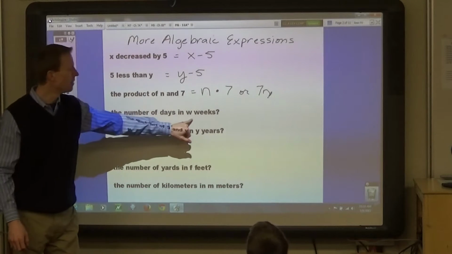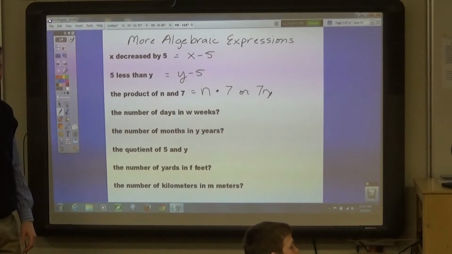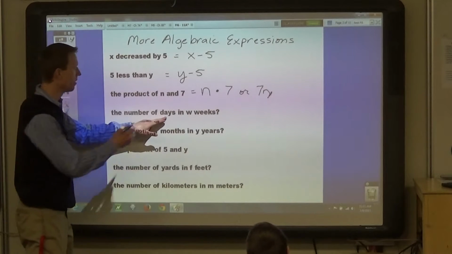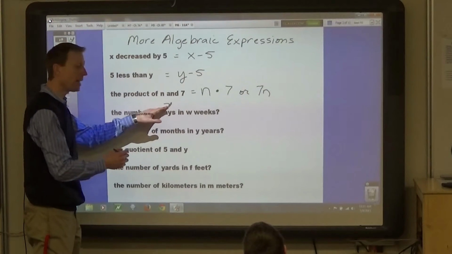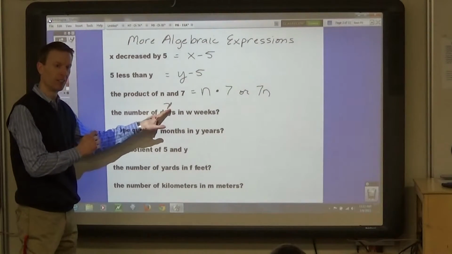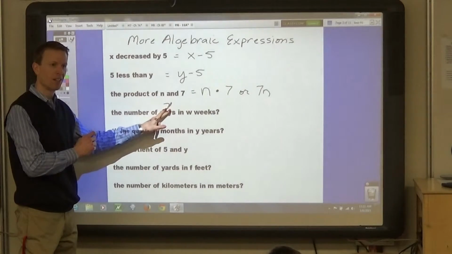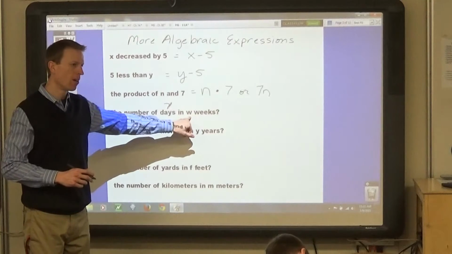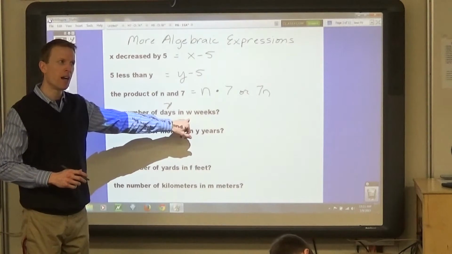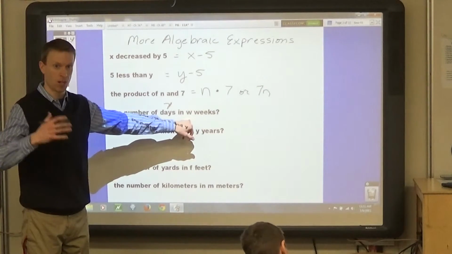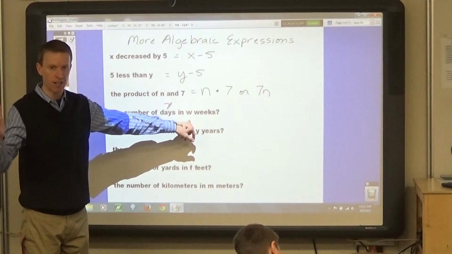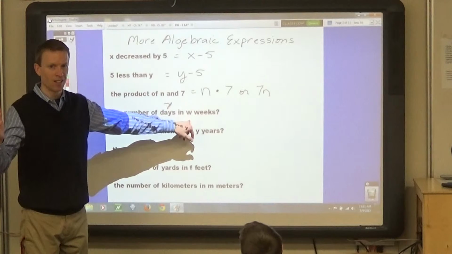The number of days in w weeks. Now, how many days are there in a week? 7. So we can write that because we know that number, 7. Now, how would we get the number of days in a number of weeks? Would we multiply? Would we add?